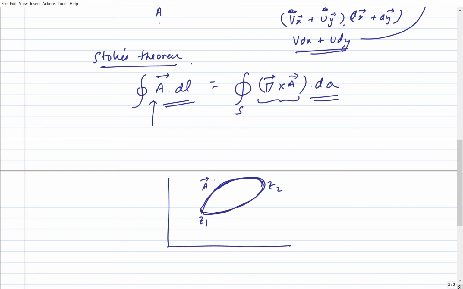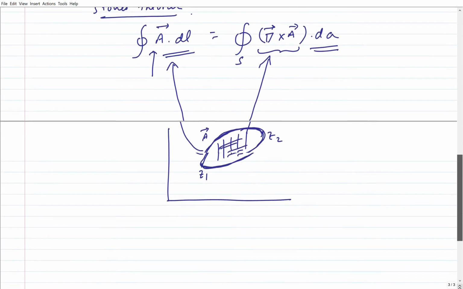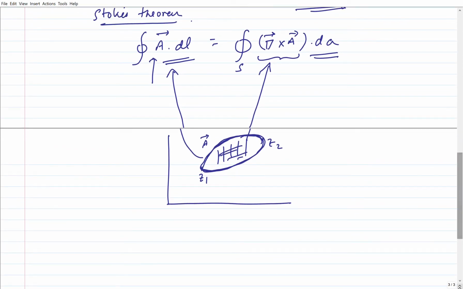So Stokes integral is going to calculate the line integral over this entire loop, and the curl of the same vector field over the surface it encloses. So that's the idea of the Stokes theorem, giving a relationship between an integral over the loop and the surface it's enclosing.